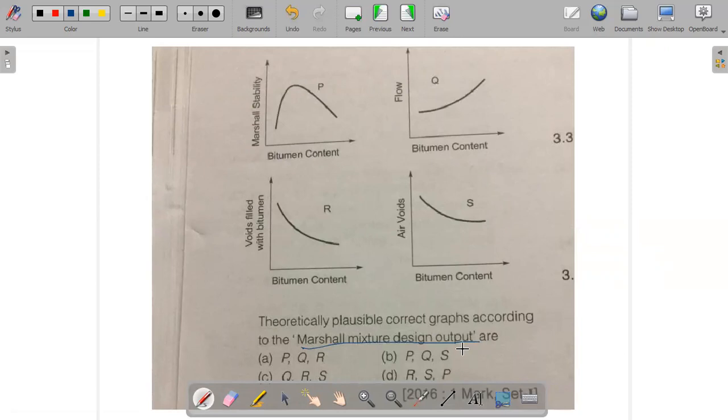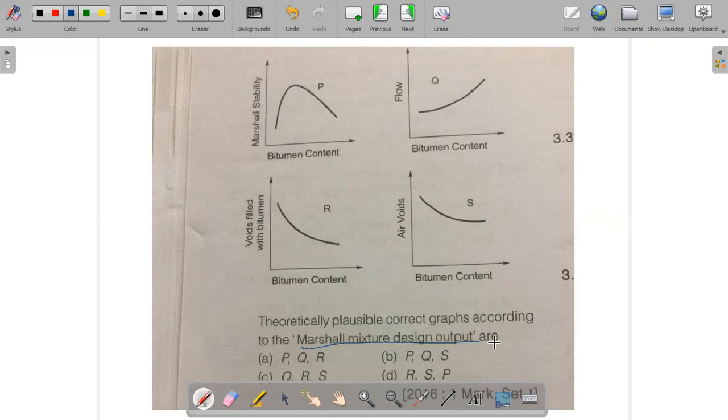if you watch my previous video of highway materials, which I uploaded yesterday, you'll get there. I already told you that there are a lot of questions from graphs also, and that there is one question of 2016, and that question is this question. Here it is asked which theoretically plausible graphs are correct according to Marshall mixture design output.